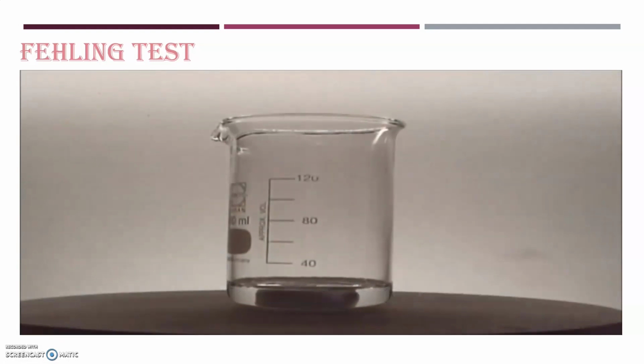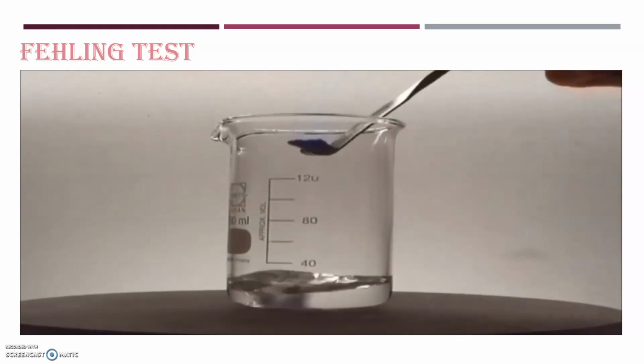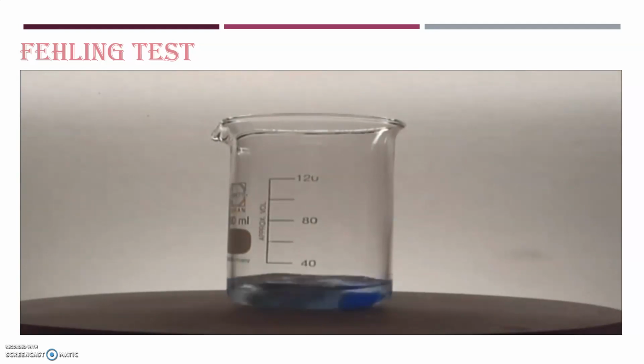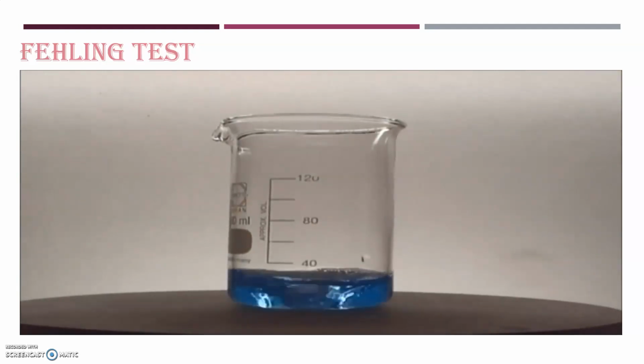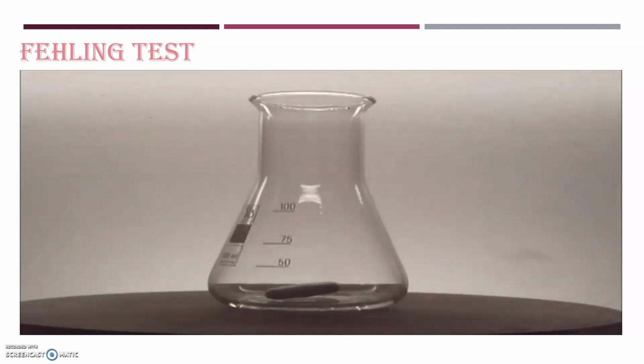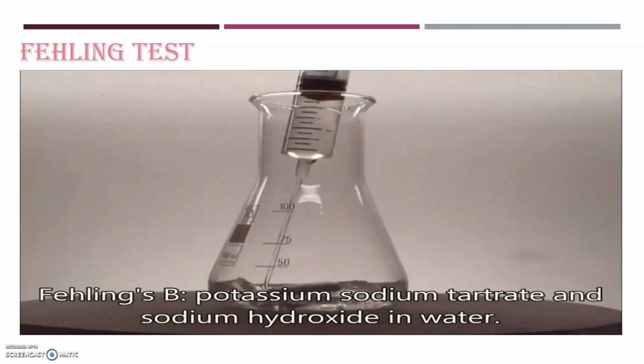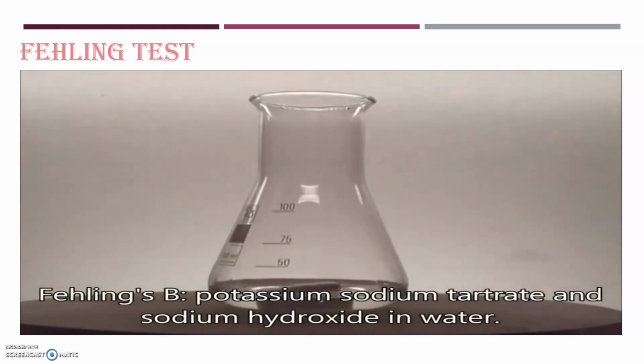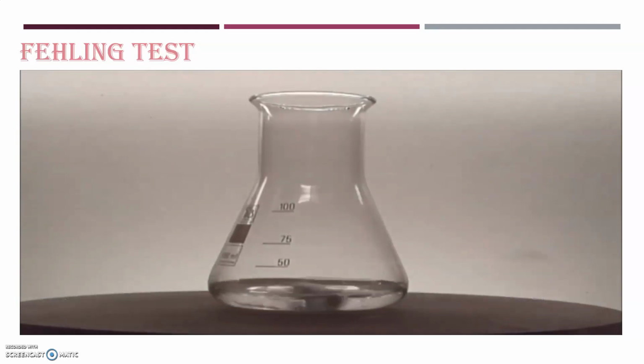A is copper sulfate, just put it in water and mix it. This is copper sulfate in water. Then you have Fehling B, sodium potassium tartrate and sodium hydroxide.